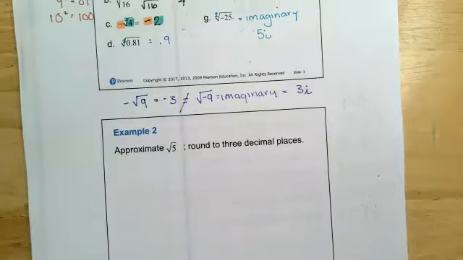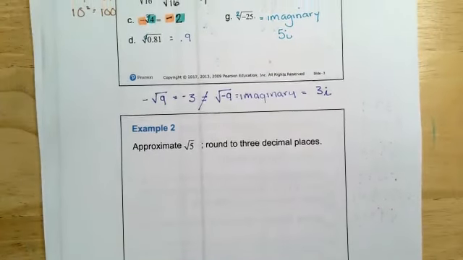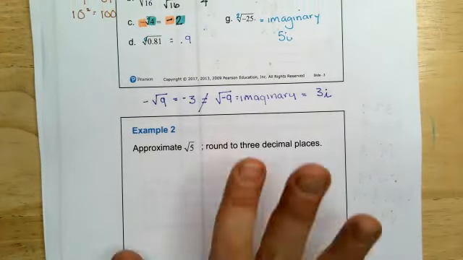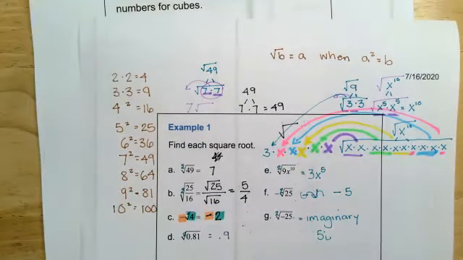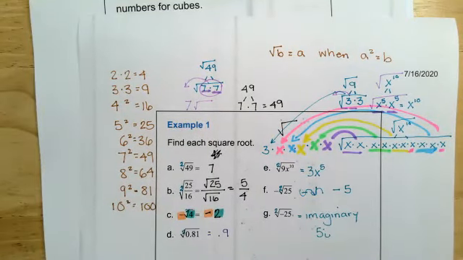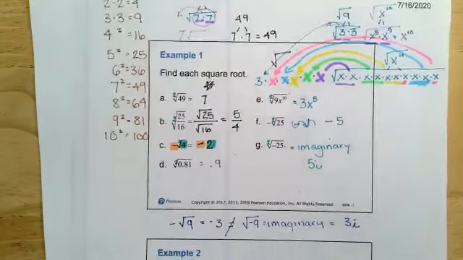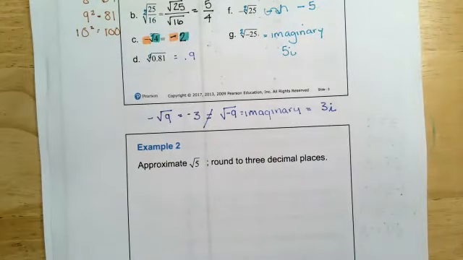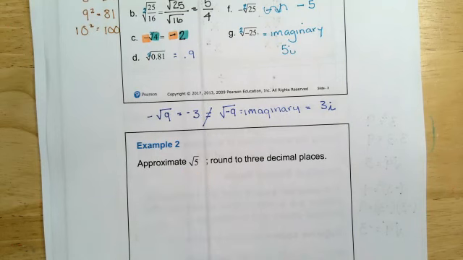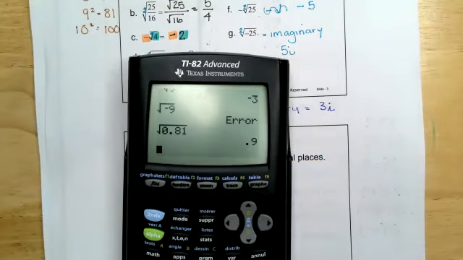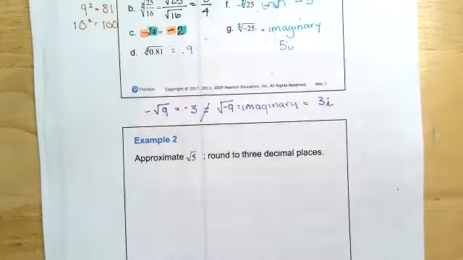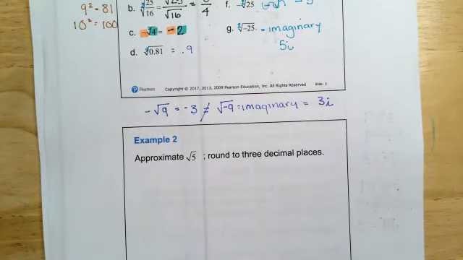Example 2, approximate the square root of 5. You can't just look at every radical and get a perfect square, because they're taking the square root of a perfect square. That'd be nice, right? But sometimes you have to square 5. You're welcome to use a calculator. Okay, nothing wrong with that. But think of a number. Approximate means kind of like make an educated guess, right?